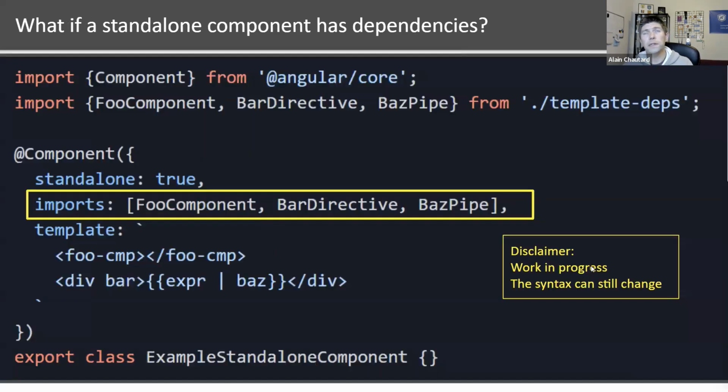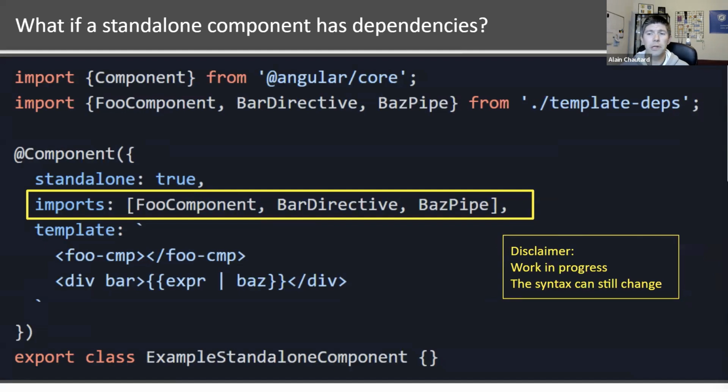But of course, if the component is standalone, then it is losing the benefits of what we usually have in the app module, which is to have, let's say, a common module imported, which brings all of the common directives and pipes from the Angular framework.